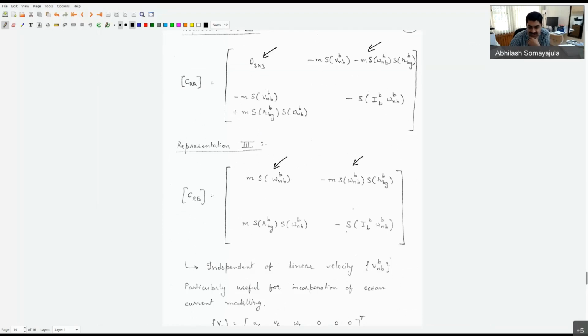Let's try to just see, for our sake, whether this matrix multiplication is actually giving us the same thing or not. Okay, notice that we want to now compute C_RB of V multiplied by V. That's what we want to compute. Okay, so let's try to do that.